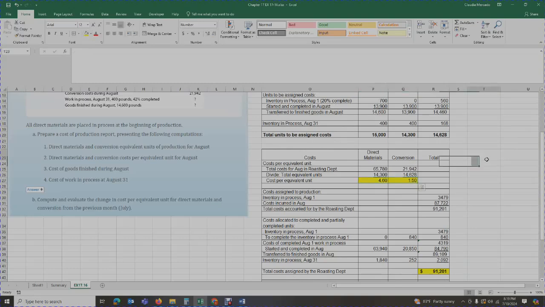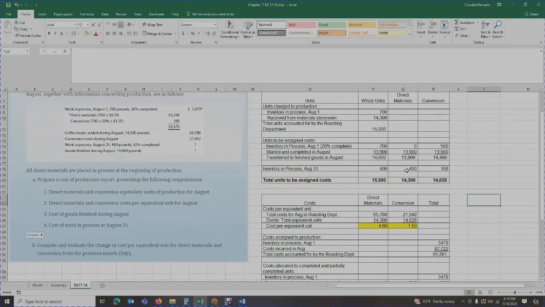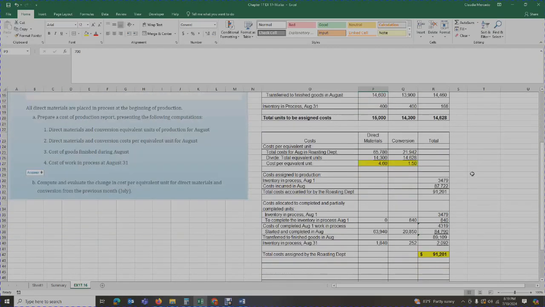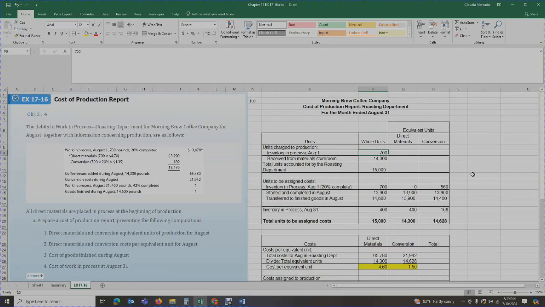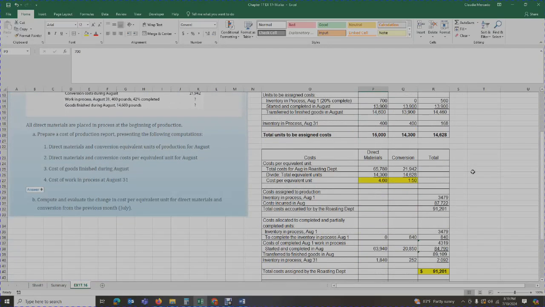That information there is what you're going to be multiplying against your numbers up here. Okay, for the inventory in process, for what was started and completed in August, and for the inventory in process at the beginning of the month. So that is the actual report that will need to be completed in detail.